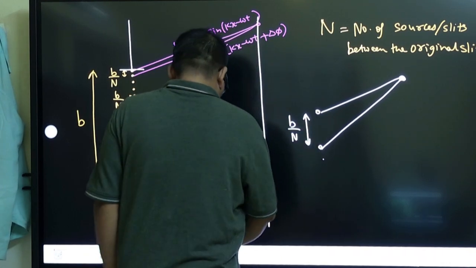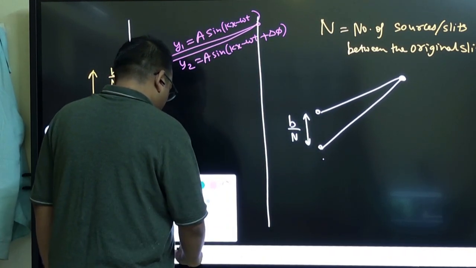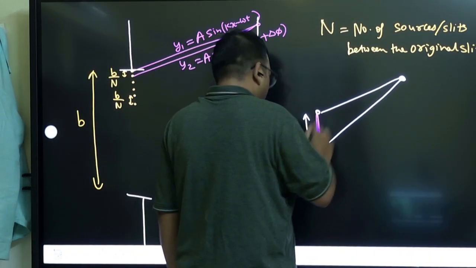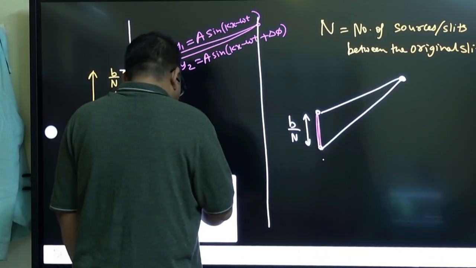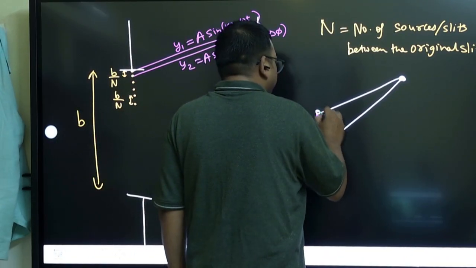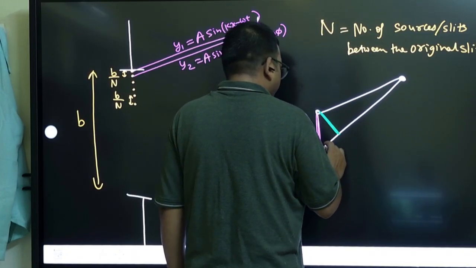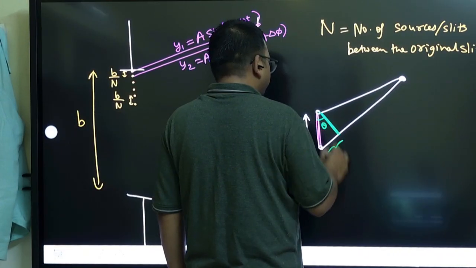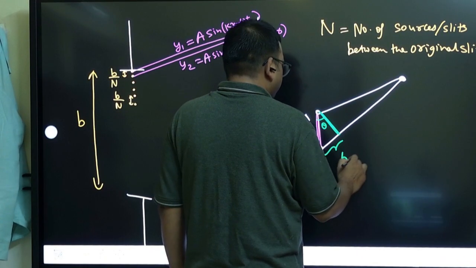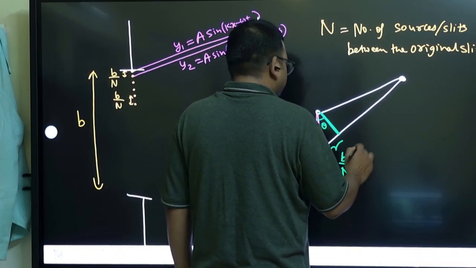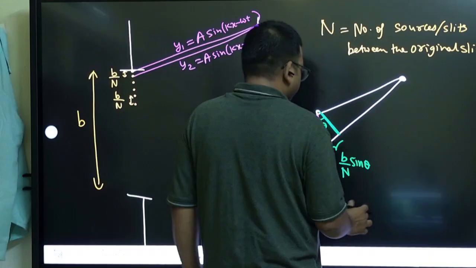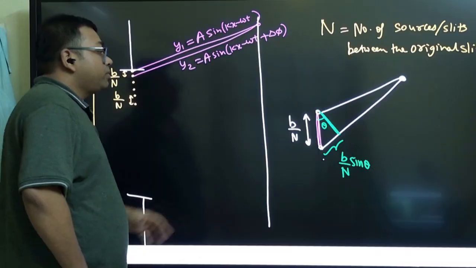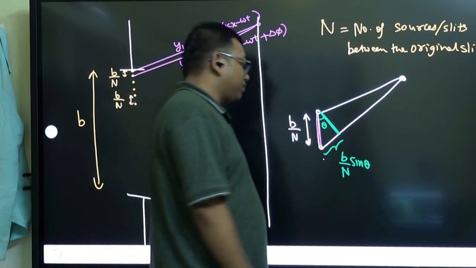Now this distance, and now how did we do it in a double slit experiment? Same way we'll be taking it like this path difference. So this is the path difference. This angle is a small angle theta, so b by n sin theta. This is the small path difference delta x, right? This is the path difference here. And due to this path difference, there will be a phase difference, right?